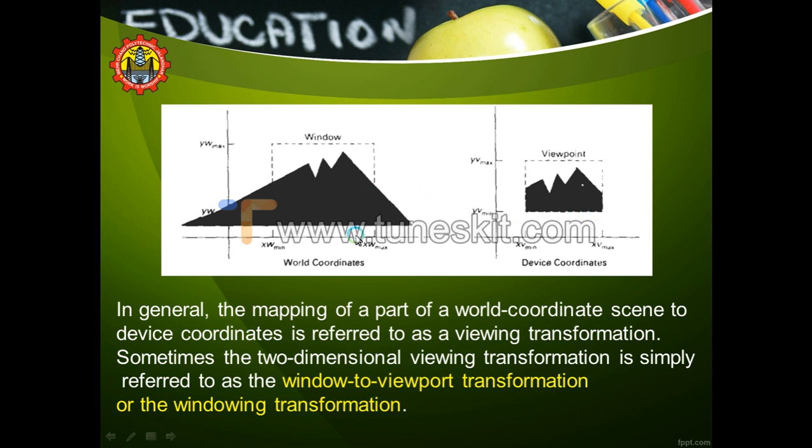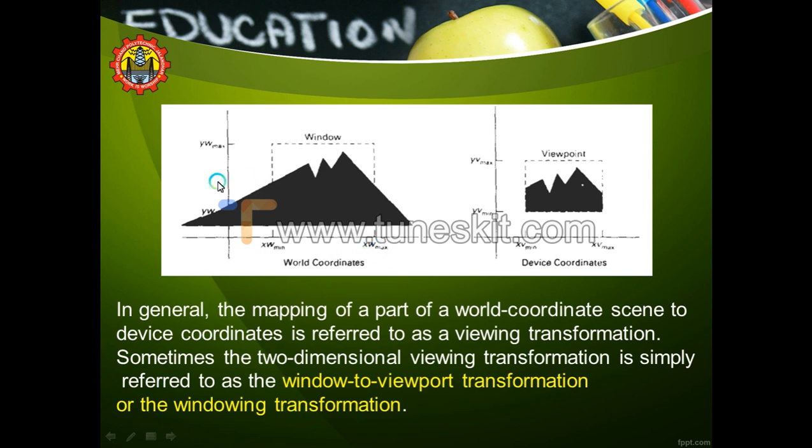When the original picture is shown with the help of world coordinates, this window has boundaries xw minimum and xw maximum. Here w stands for world coordinates, and this is the minimum range and this is the maximum range.